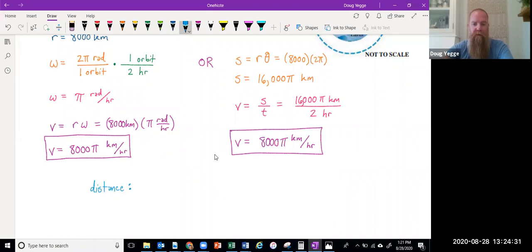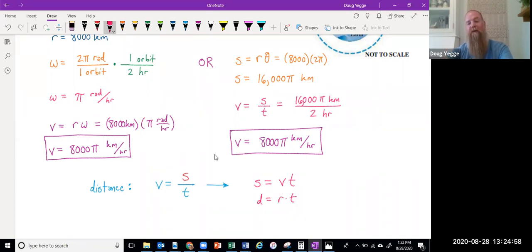I know that there's a formula that involves distance, which is S. I'm trying to find S. So why don't we write this as velocity is equal to S over T, which allows me to rewrite S as S equals velocity times time. But this shouldn't be too surprising, because isn't that just distance equals rate times time?